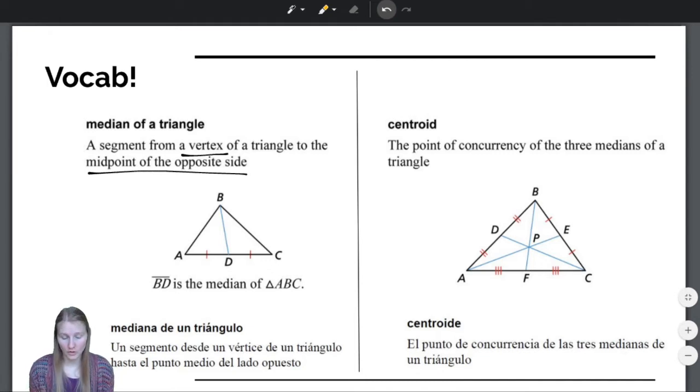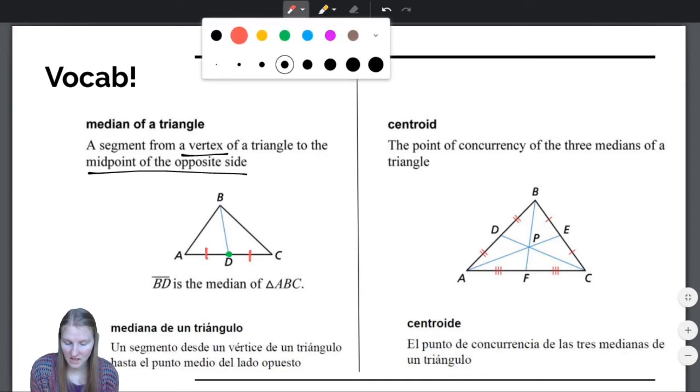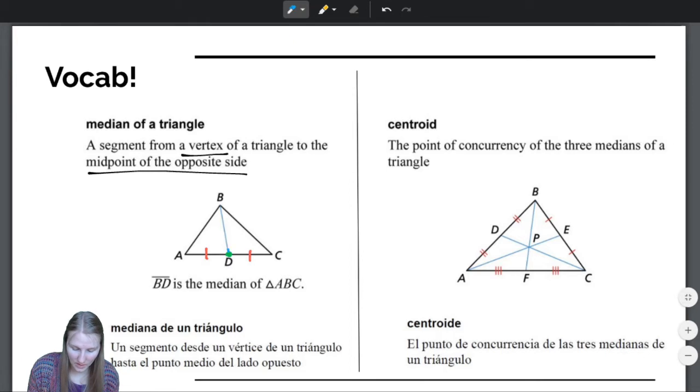So if you want to create a median, you need to find the midpoint of one of the sides, just like that's what D is, and then all you have to do is connect that point to the opposite corner, and that's a median. So if you can find the midpoint, you can make a median. Awesome. So yes, BD is a median of triangle ABC.